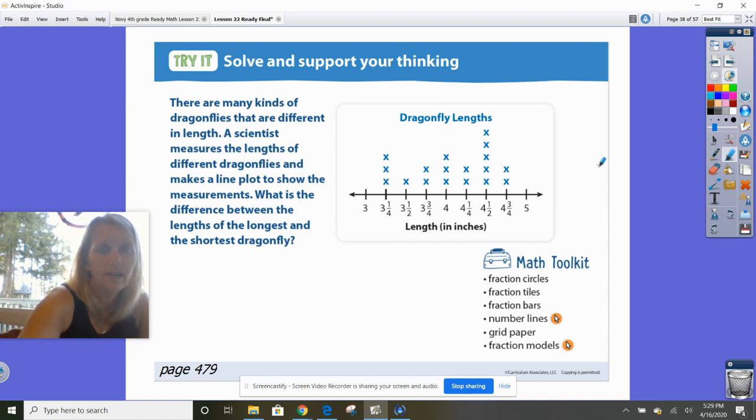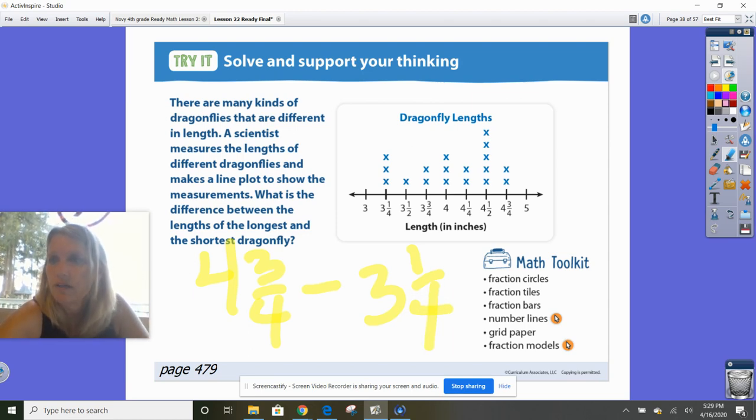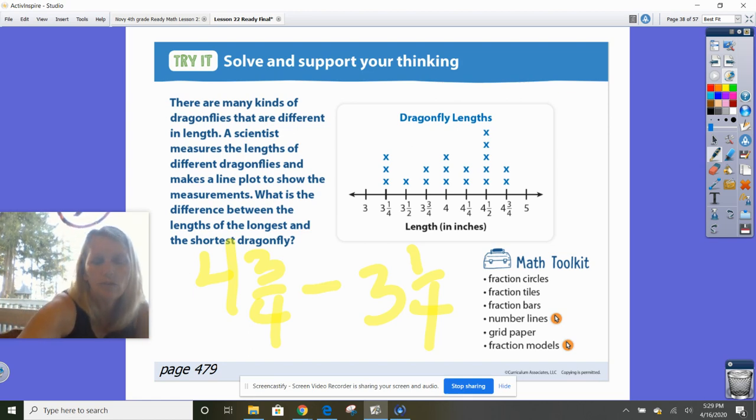Okay, so I think I am going to write my problem out. So 4 3/4 minus 3 1/4. And I used a very big marking tool. Sorry about that. So I think I'll do the usual thing that I like to do, which is put the wholes together. So 4 minus 3 is 1.